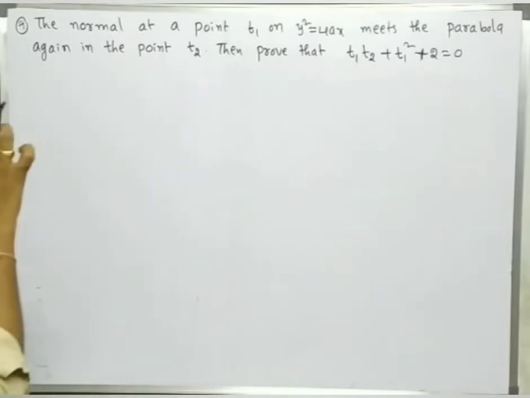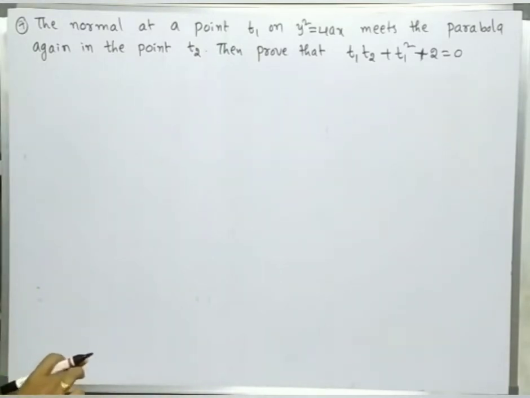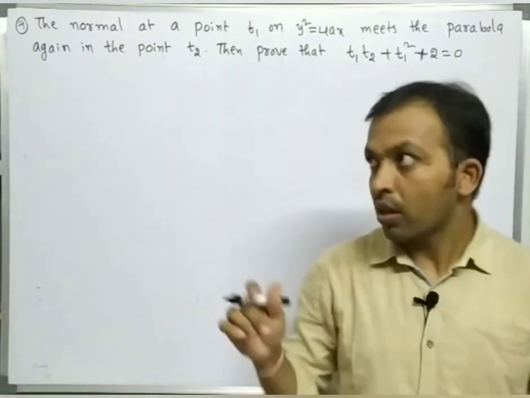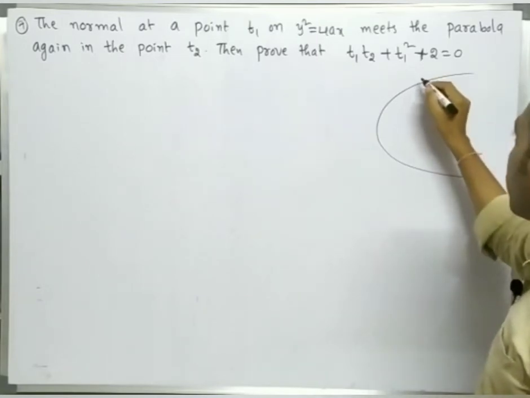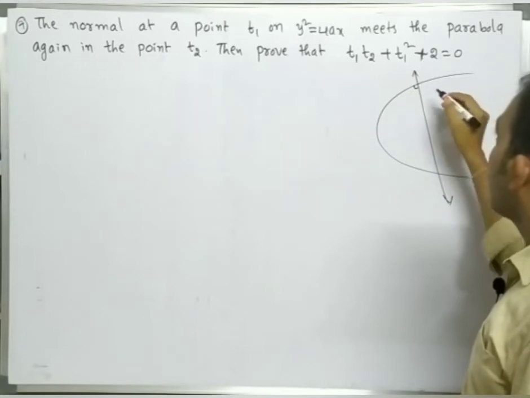The normal at a point t1 on y square is equal to 4ax meets the parabola again at the point t2, then prove that t1 t2 plus t1 square plus 2 is equal to 0. So this is a parabola, y square is equal to 4ax. This is the normal.